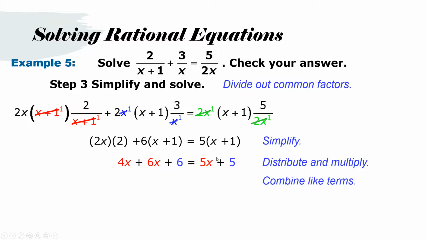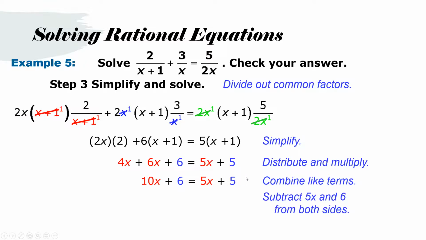So in this case, 4x plus 6x is 10x. We're going to subtract 5x and 6 from both sides.